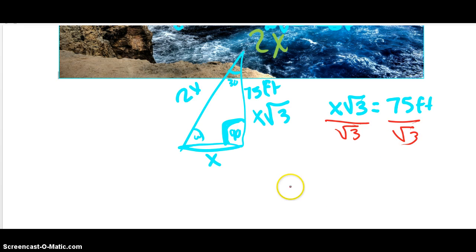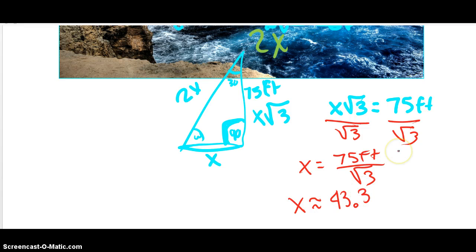Then we get that x is equal to 75 feet divided by root 3. We can put that in our calculator and get that x is around 43.3 feet, rounded to the nearest tenth.